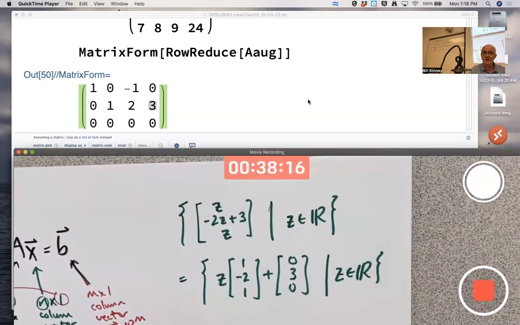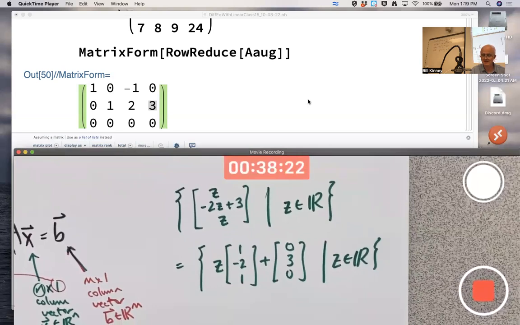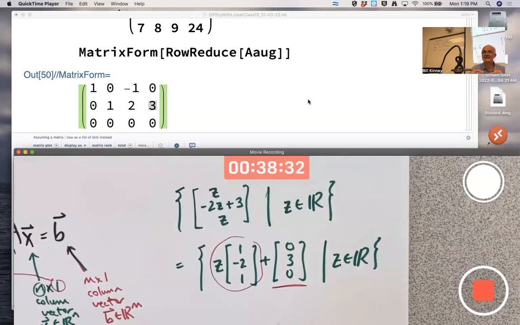That is not a kernel, not a null space of the matrix, but it's related to the kernel. Essentially, this part is the kernel. But that non-zero constant vector takes that kernel and translates it.